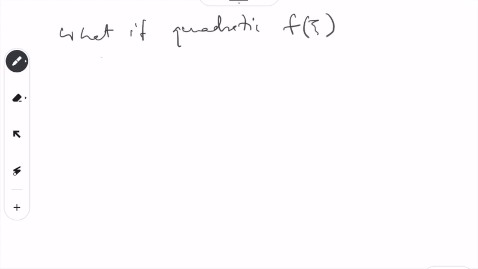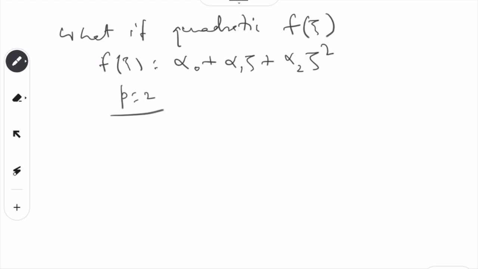Then what do you have? You have f(xi) will be something like this: alpha naught plus alpha 1 xi plus alpha 2 xi square, right. If that is the case, then you have p equal to 2, right?